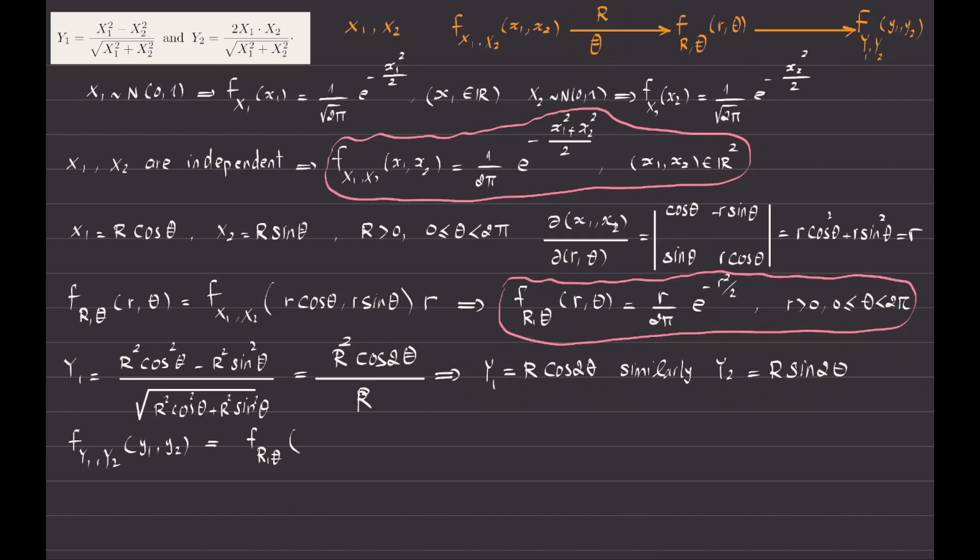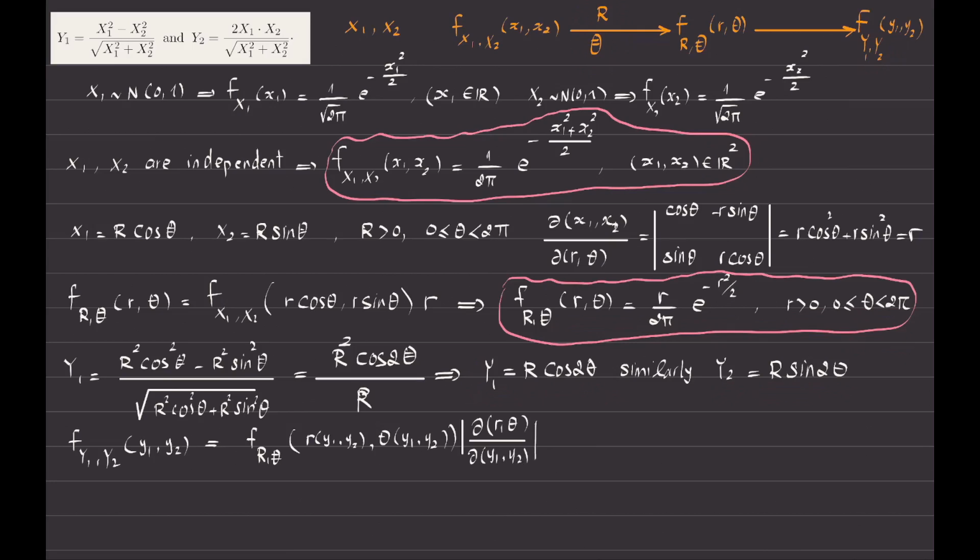So I can pretend that I have done it, and I write it as r, but I know that I have to write it in terms of y sub 1 and y sub 2. Of course, I will suppress this y sub 1 and y sub 2, but for your understanding, I will write it down here. And theta should be expressed in terms of y sub 1 and y sub 2. And then I have to multiply it by the Jacobian of the old variables, in this case r and theta, with respect to the new variables y sub 1 and y sub 2. But of course, I have to take the absolute value.